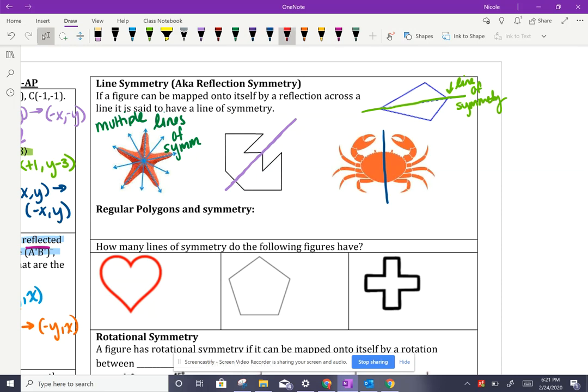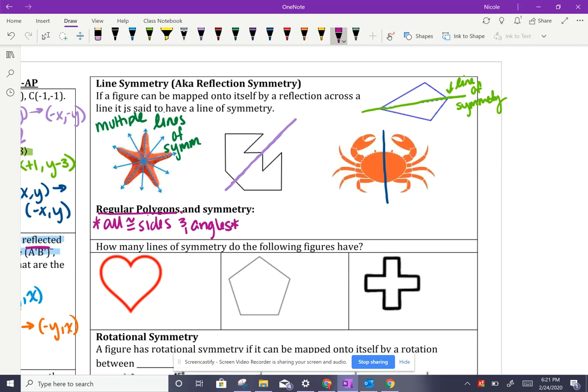One really important thing to remember, so make sure you write this down, is regular polygons. We've talked about regular polygons before. Reminder, regular polygons are shapes with all congruent sides and angles. We'll see a lot more of those coming up in chapters to come.